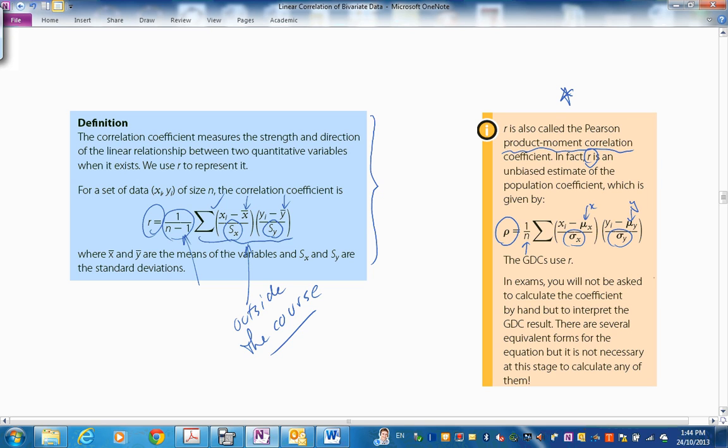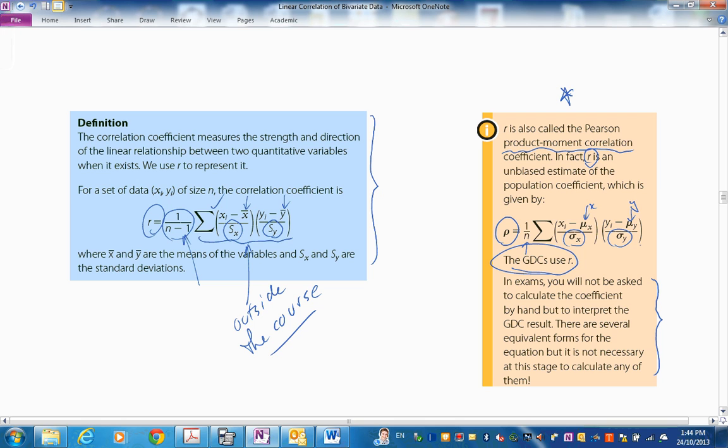Now, you don't have to do the calculation in exams, and we're not going to go into what Pearson's have there. You might like to look at it, an extensive treatment of how to do it by hand. We will be using a graphics display calculator, and the symbol used on all GDCs is R.